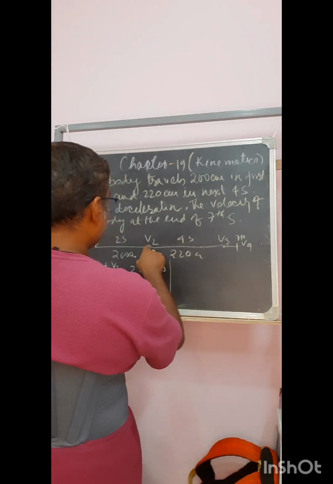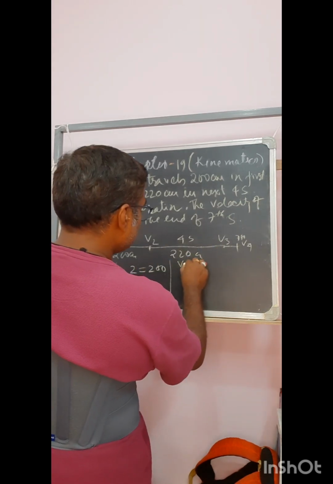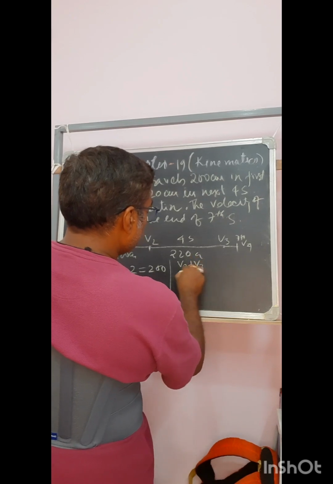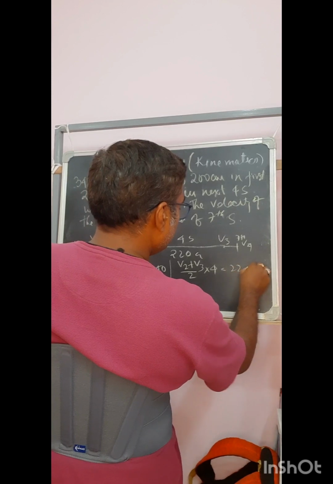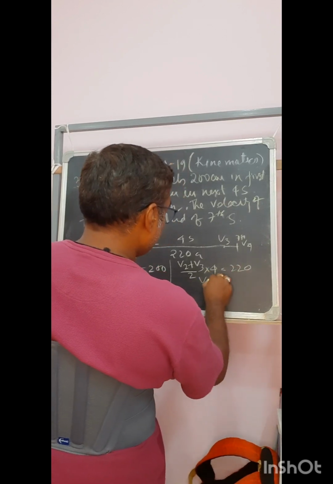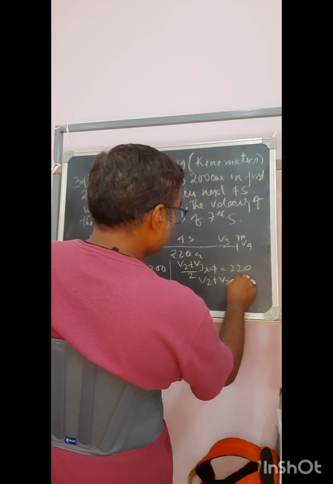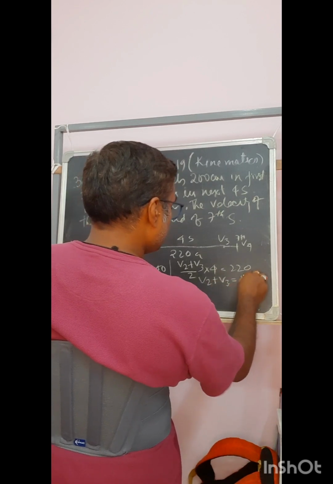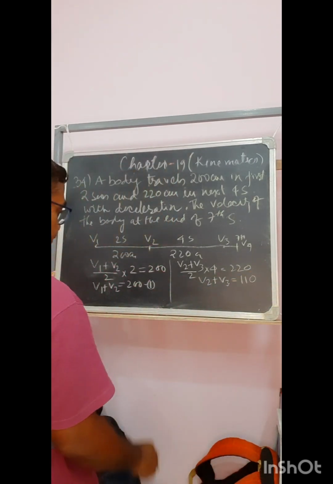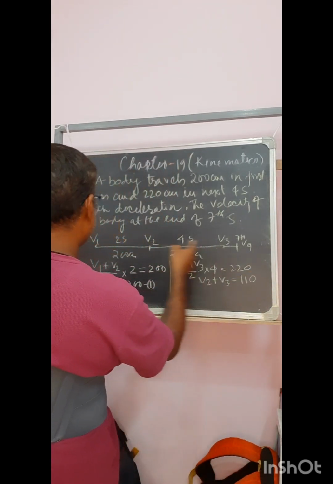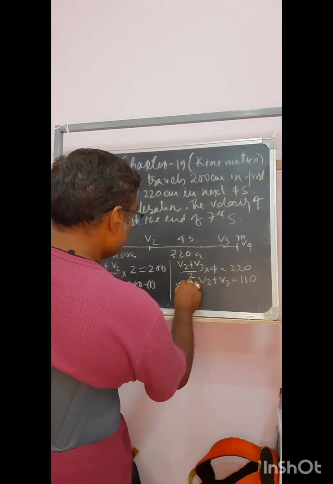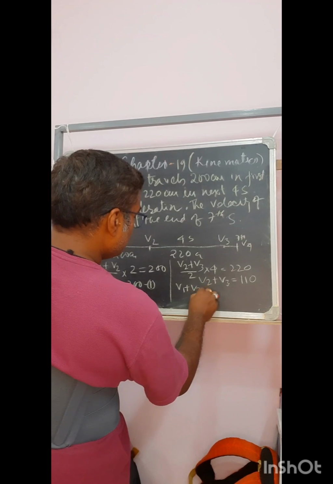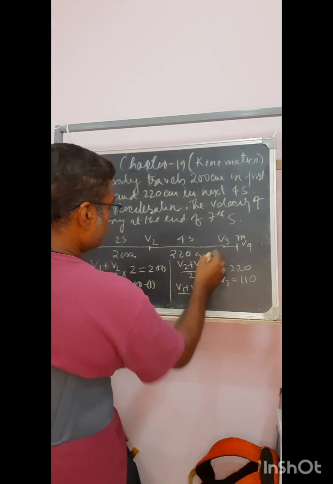So the second, in between, the average velocity is v2 plus v3 by 2 into 4, that will be 220. So from there v2 plus v3 is equal to 110. And the last one, if I take the total 6 seconds of motion, so v1 plus v3 will be the terminal velocities.